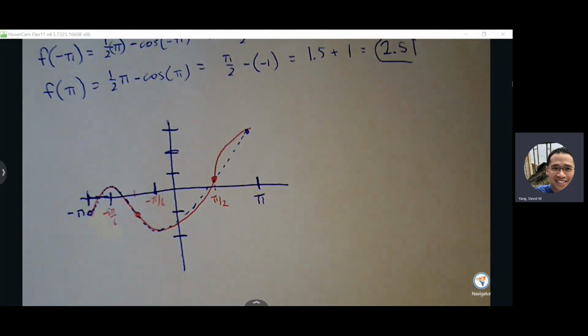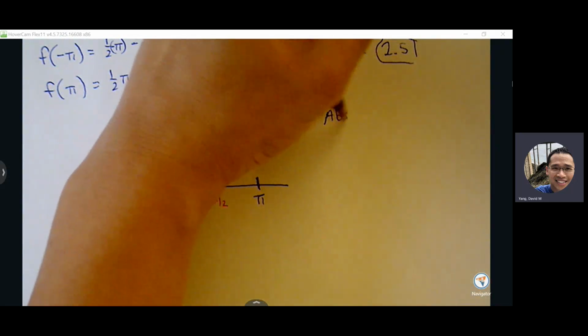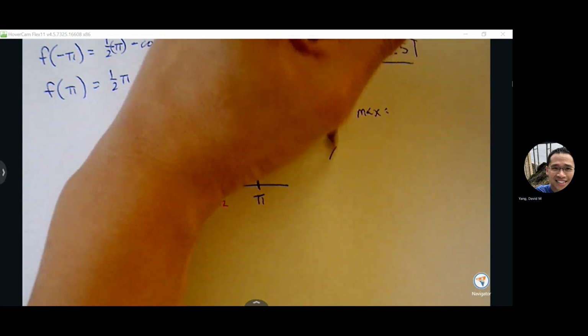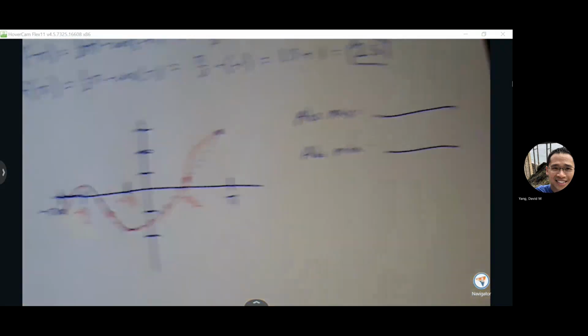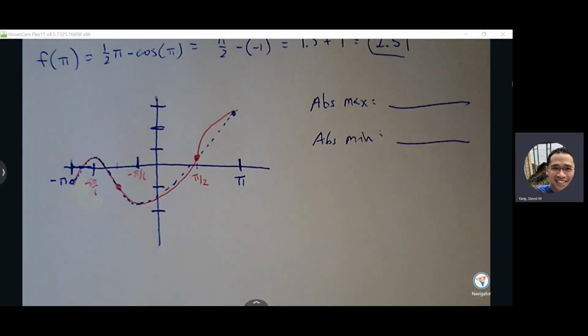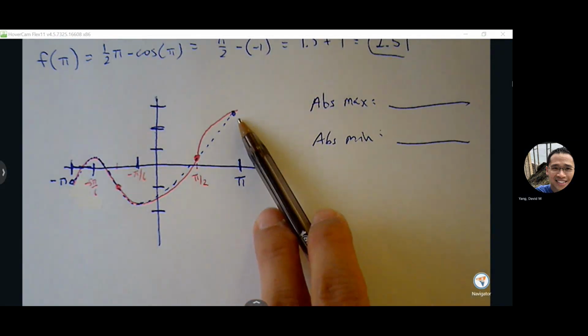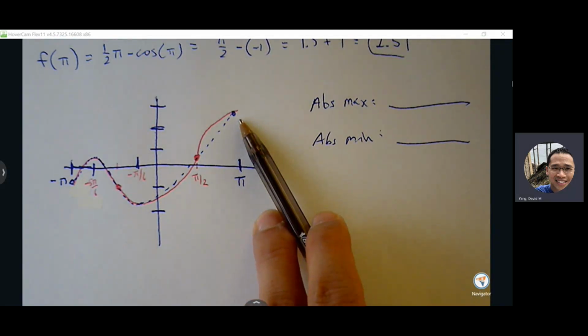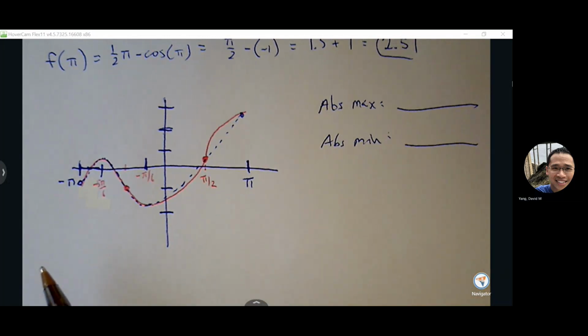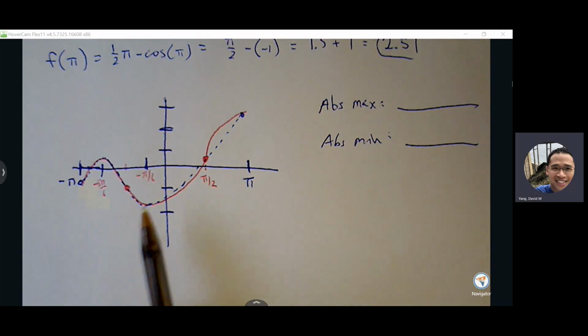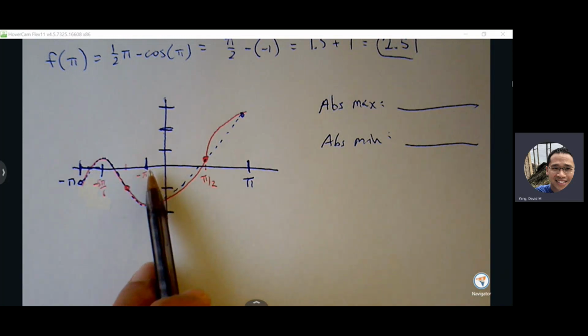But if I ask you for absolute max and absolute min, you know our absolute max is going to be this y value, right? And then where do you think our absolute min is going to be? Negative 0.5, or negative pi over 6.